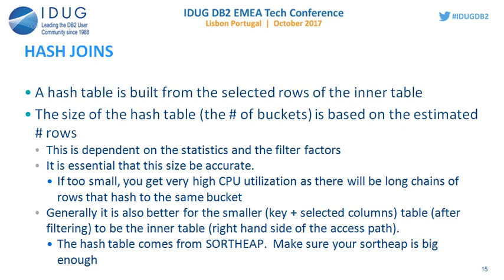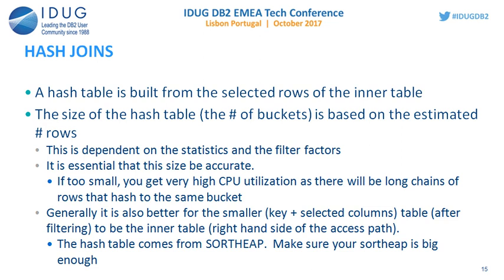Now, how big is it? The number of buckets is equal to DB2's estimated cardinality of what it's reading from the inner table. So it's not the cardinality of the table itself, but after applying predicates. There'll be filtering if you have predicates on that table.